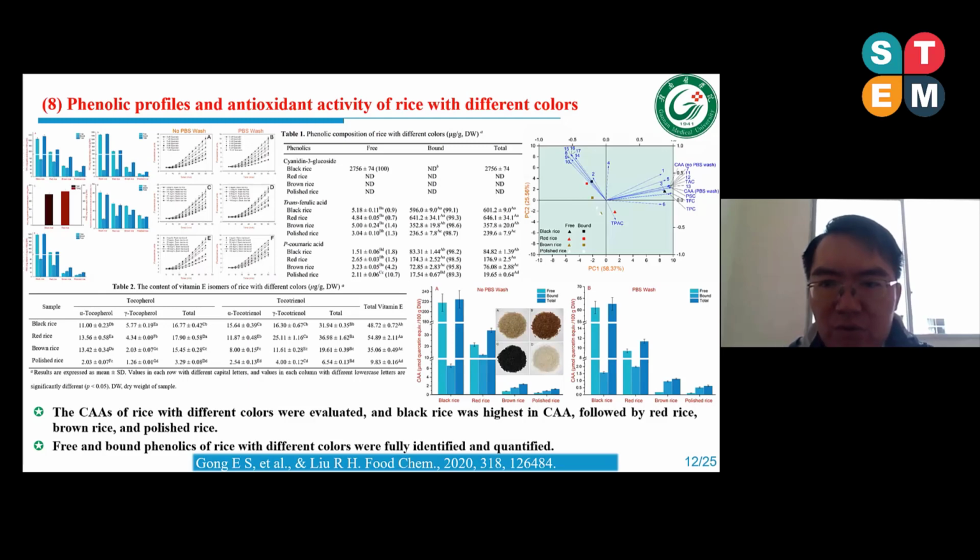Rice with different colors was evaluated, and black rice was highest in CAA, followed by red rice, brown rice, and polished rice. Also, the free and bound phenolics of rice with different colors were fully identified and quantified.